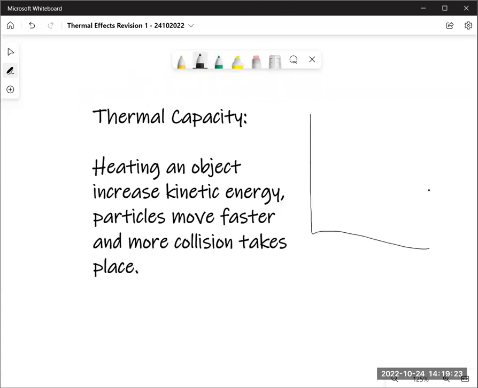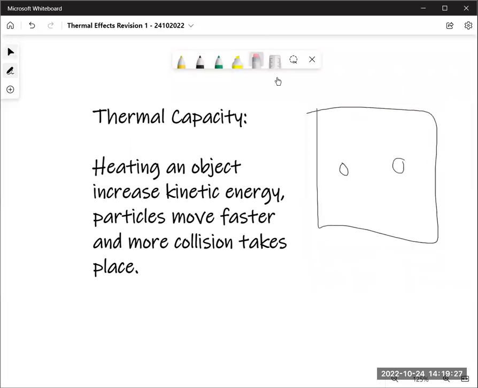If I have a box like this, and you have two particles, one here and another right here, now they're moving very slowly. One of them is going in that direction. They're not really moving that fast.